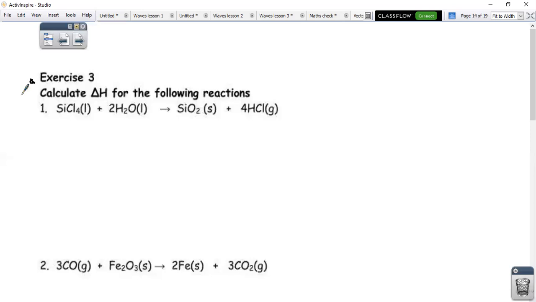You don't have enthalpy of combustion because that's silicon, isn't it, as opposed to sulfur. You've not been given enthalpy of combustion for silicon. So do use enthalpy of formation for the first one. Okay, good.